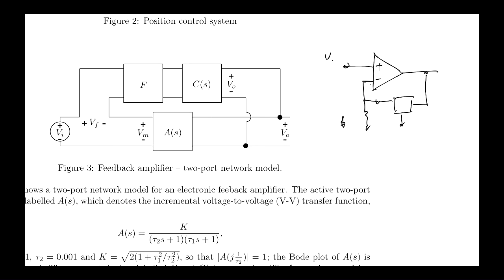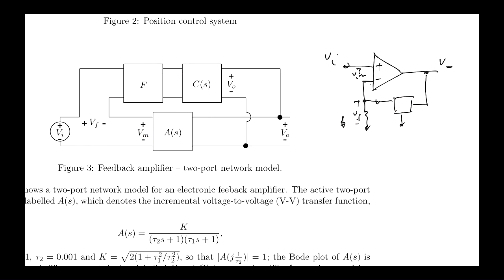So this is V in, this is V out, this is VM, and this is VF. It's a measurement of V out, effectively. So the F here is like this little resistor divider. The C is a resistor capacitor network put inside this box to provide different types of compensation for the feedback path. So this is a 2-port network representation of this.